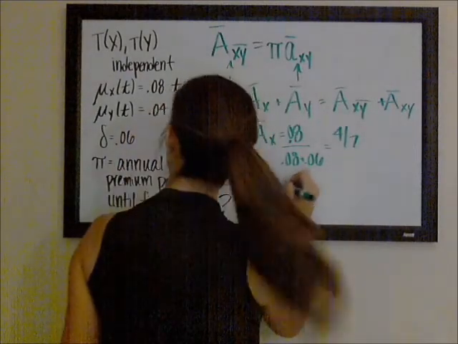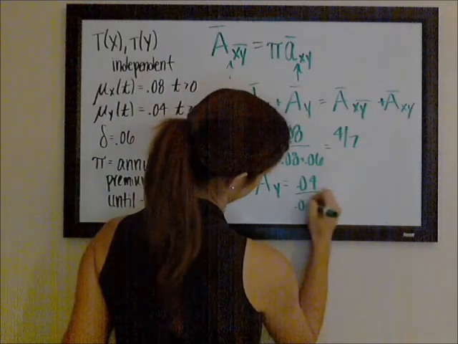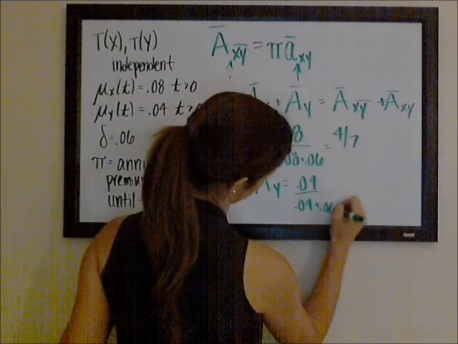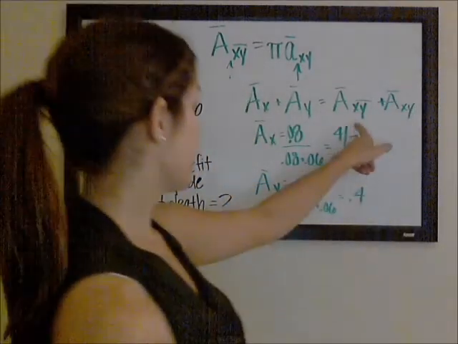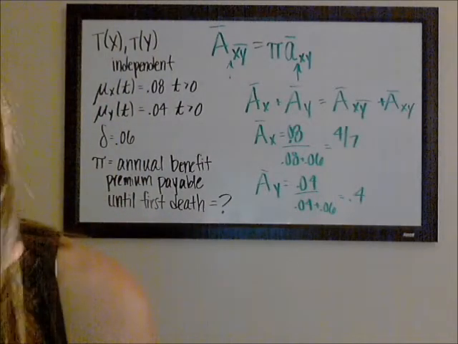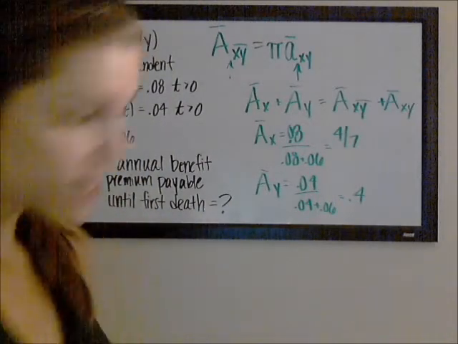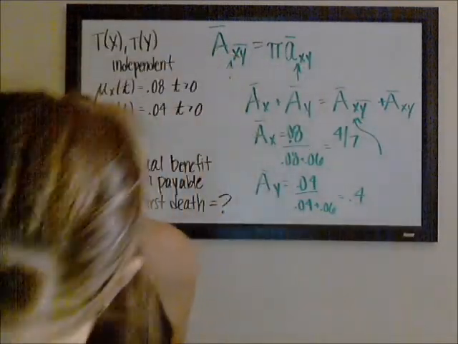And for Y, it will be 0.4. Okay, then we can plug those in and solve for the actuarial present value of the insurance on the last survivor status, and you should get 0.3048.